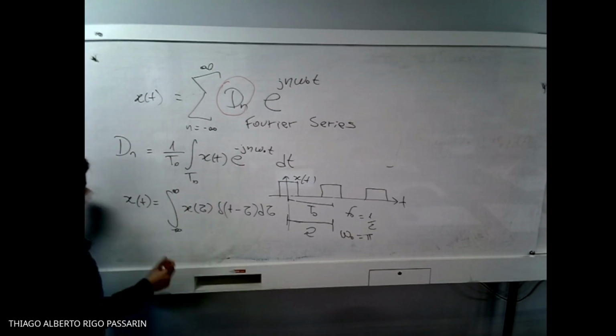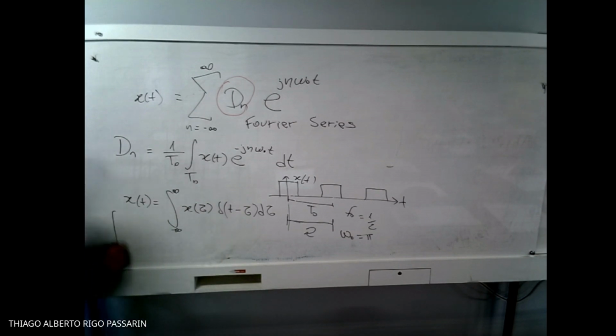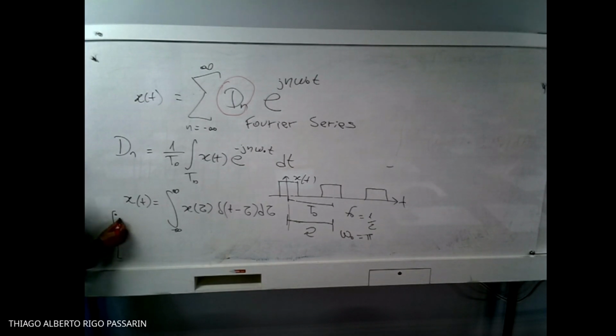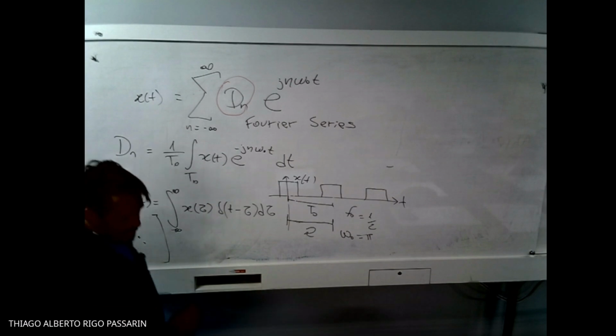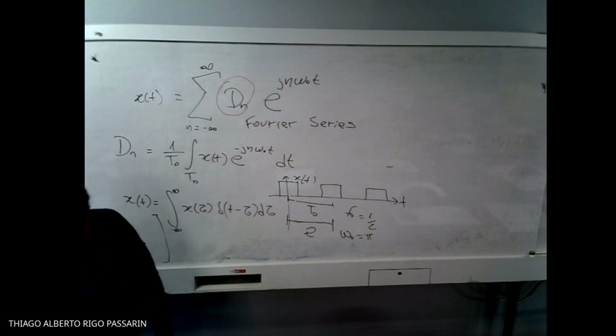This is the basis where I have the Dirac delta of t, Dirac delta of t minus something small, Dirac delta of t minus something small times 2, times 3, and then I get a continuous canonical basis. But just for the sake of curiosity.